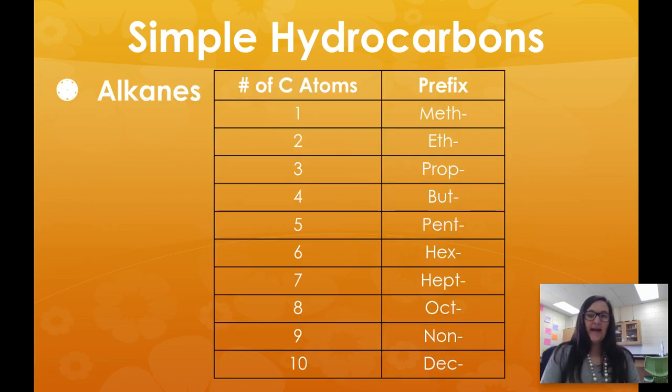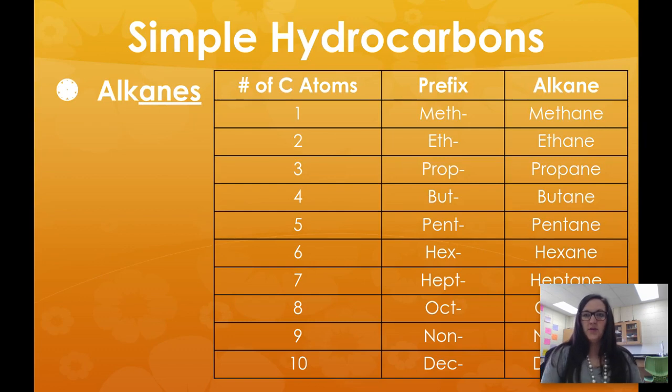And then we have a set of prefixes that help us name alkanes. You have a chart to fill in 1 through 10. These prefixes are a little bit different than any prefixes we've had in the past. I'll go through them.